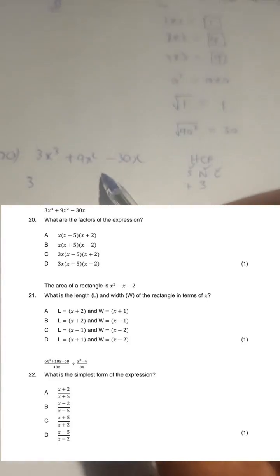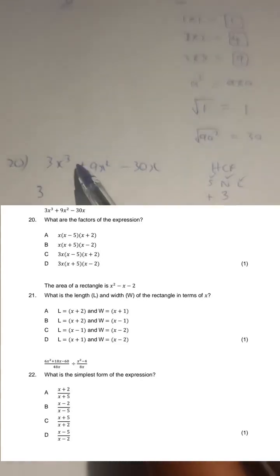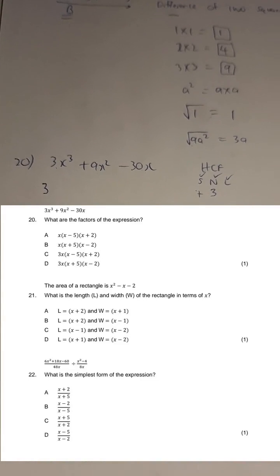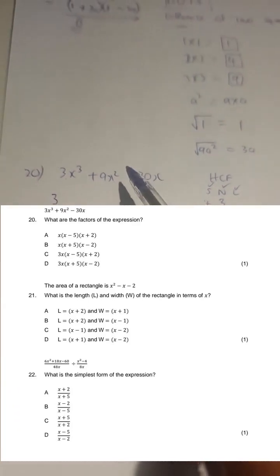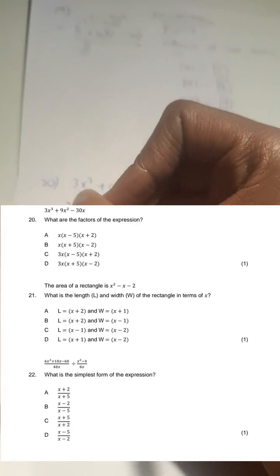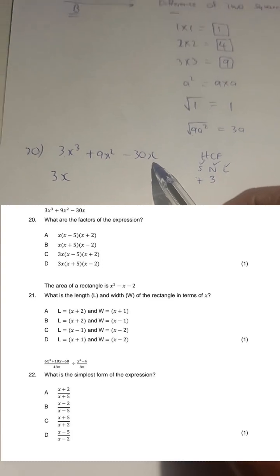Then lastly, letters. X cubed, x squared, and x. Remember I said for highest common factor letter, we always go for the common base that has the lowest exponent. So between x cubed, x squared, and x, our highest common factor is the one that has the lowest exponent. So it has to be x.